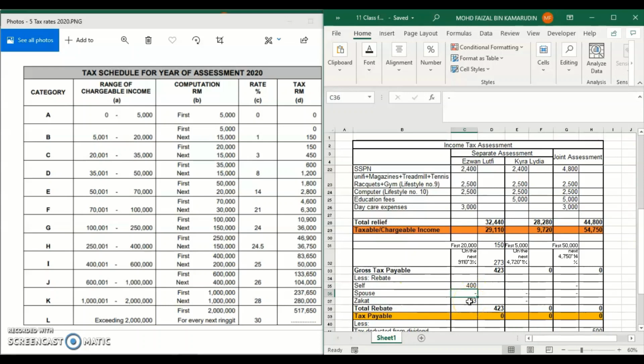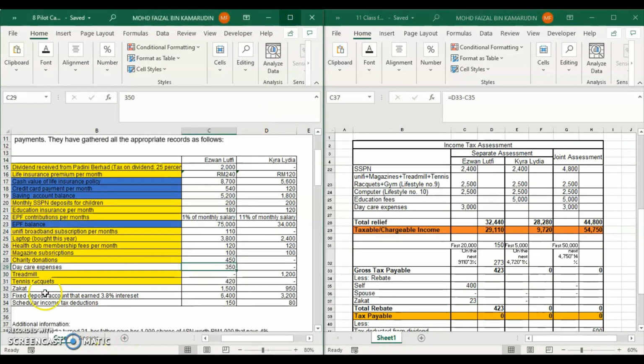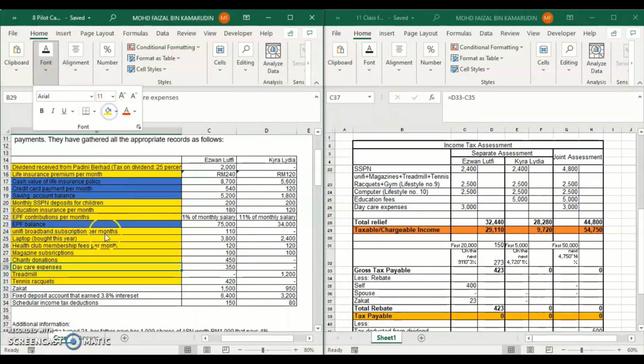So what about zakat? Zakat you can claim all actually, because here he has paid zakat. Okay, let me take this one first. So zakat is quite unique. You can only claim whatever gross tax payable is due. What I'm saying is if your gross tax payable is more than what you have paid, obviously you can claim everything.